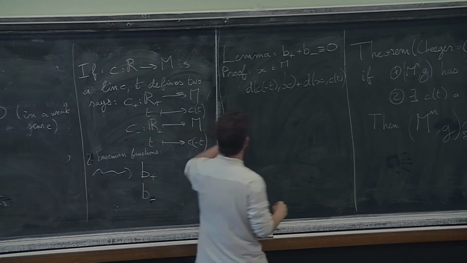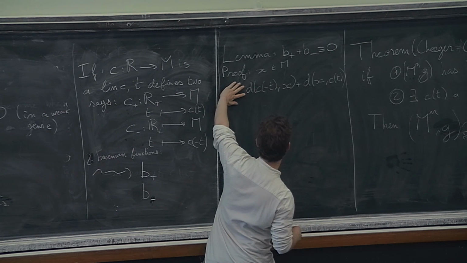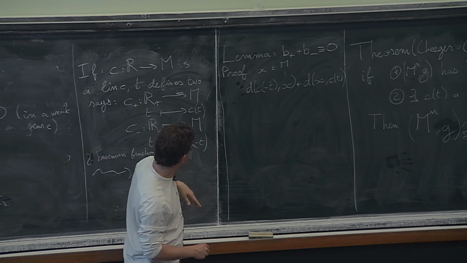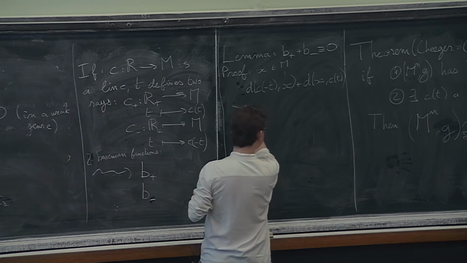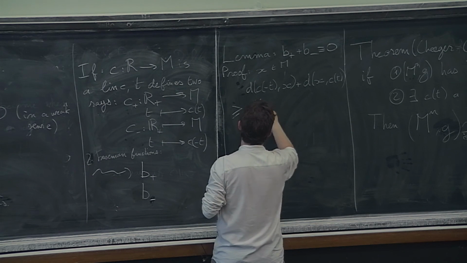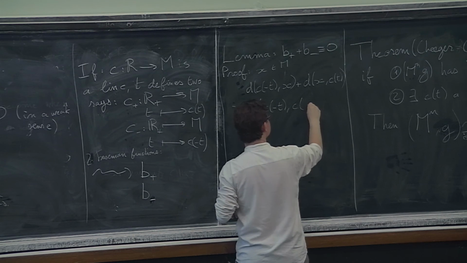Okay, so let me try to do the triangle inequality in the good way this time. So this will be bigger than d of c of minus t and c of t.